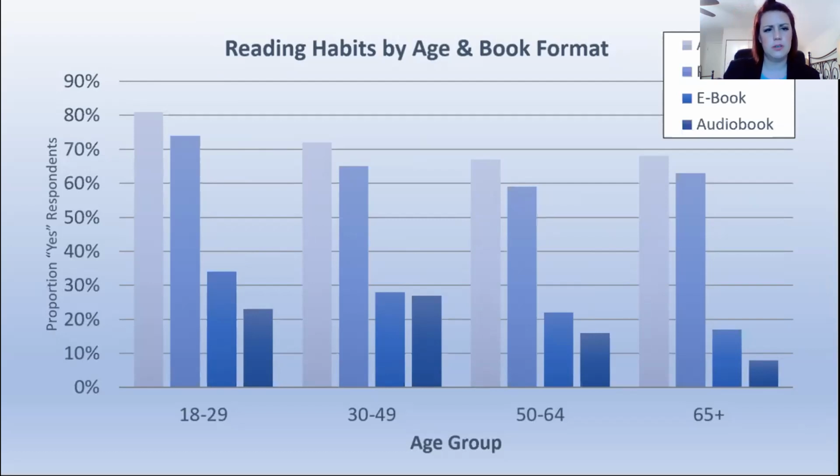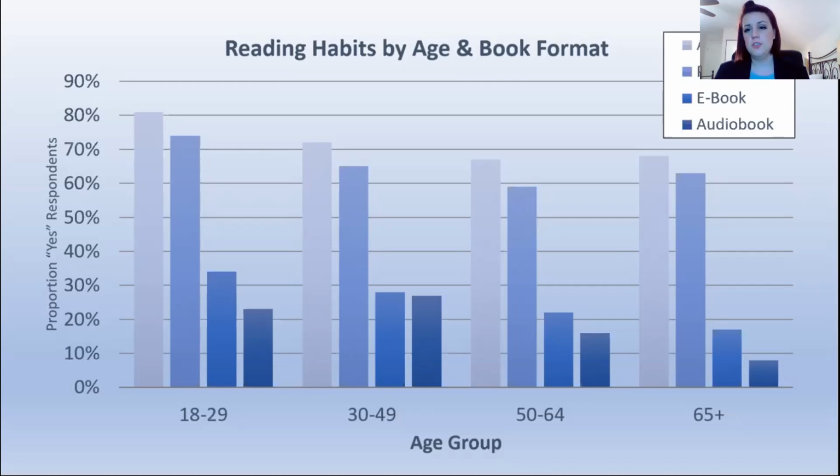Oh, 18 to 29-year-olds: a lot of them have read a book in the last year, and most of those said they read a print book, but there were also a decent amount of people who read ebooks or listened to audiobooks. And then you can also look at it and see the trends are kind of similar between the different age groups. But I think audiobook reading is a bit less in the much older population than among younger people.